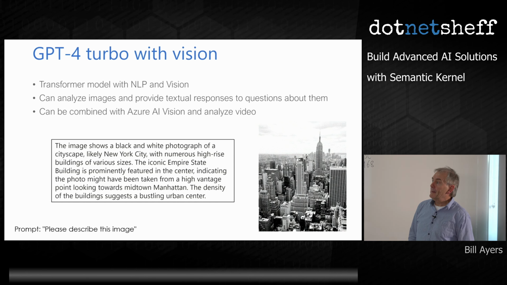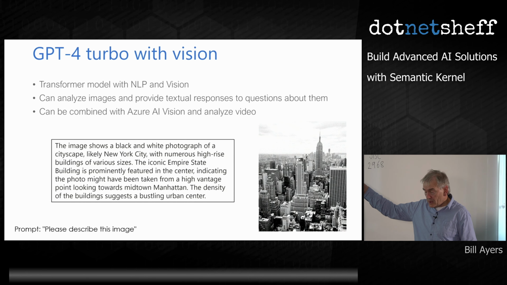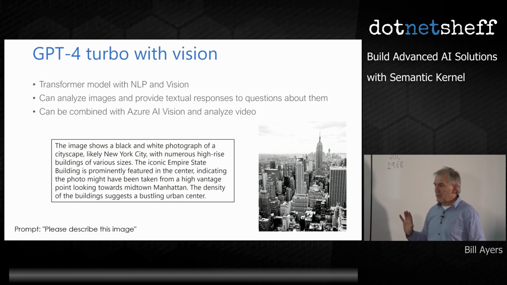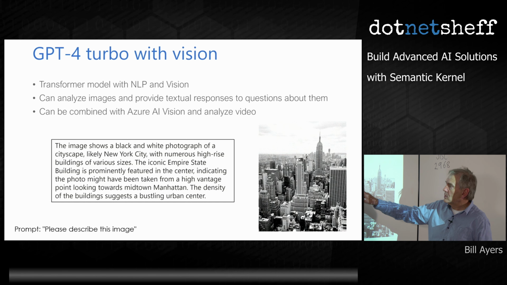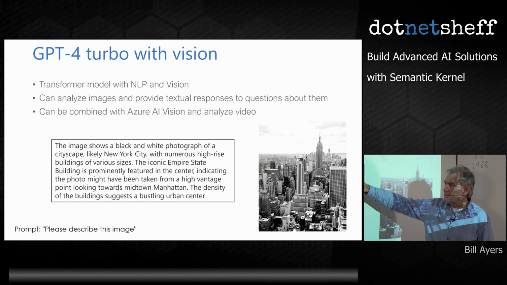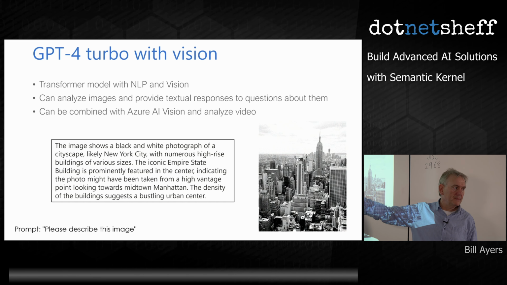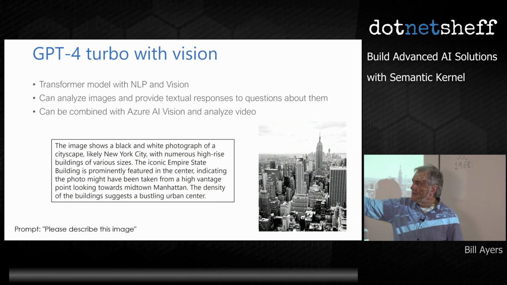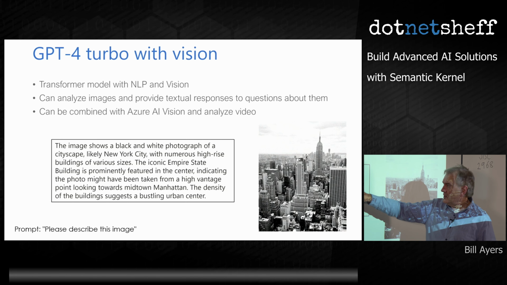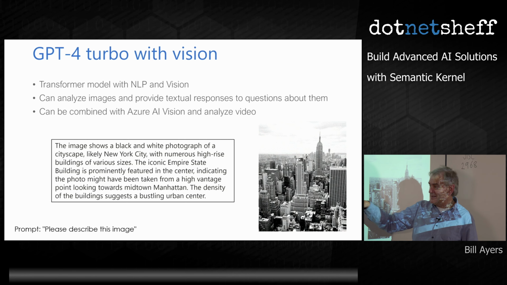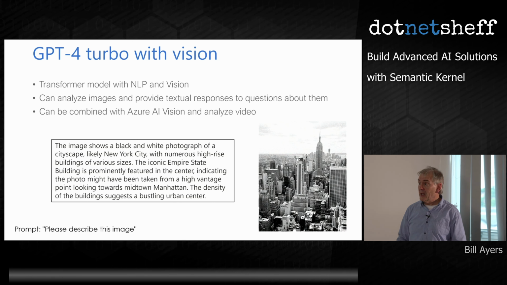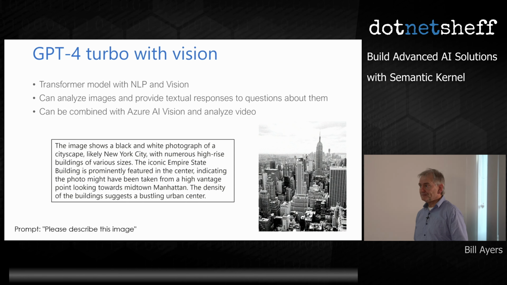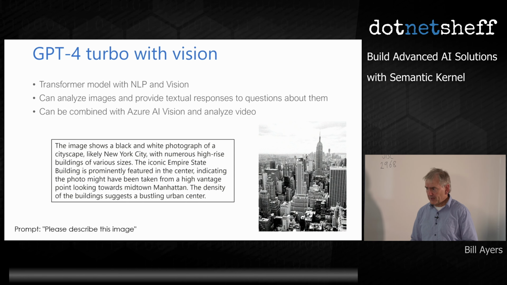So here's an example of using GPT-4 Turbo with vision. This model can also look at images, and it will come back with something like, remember the one before just said it's black and white buildings and so on. This one is fairly descriptive: you can see the Empire State Building is prominently featured, blah, blah, blah. The descriptions are really, really good compared to what they were before with these simpler models.